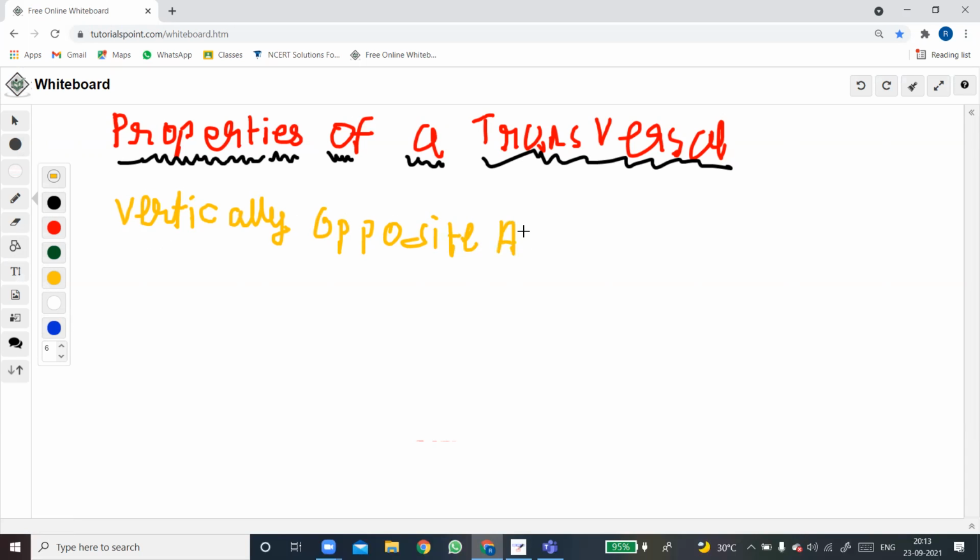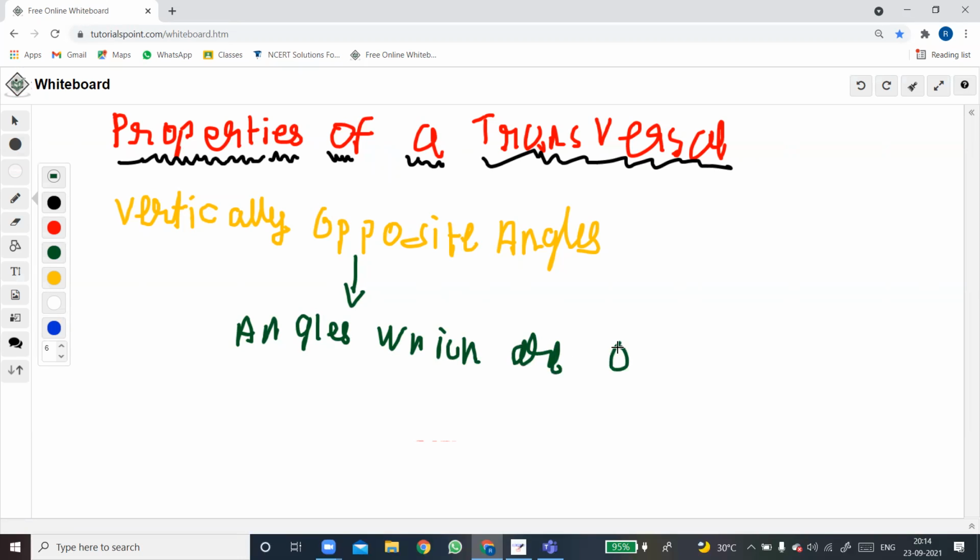What are vertically opposite angles? Basically, they are angles which are opposite to each other. That is called vertically opposite.